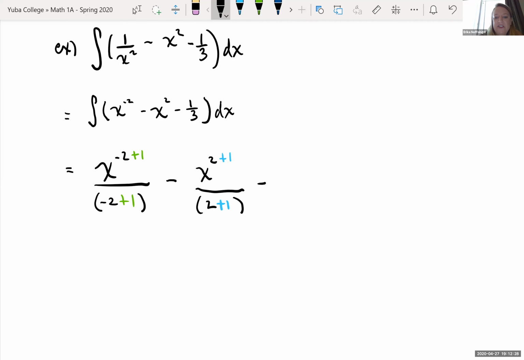Minus the antiderivative of a constant, we have to tack on x. Antiderivatives, indefinite integrals, we always have to put that plus c here.